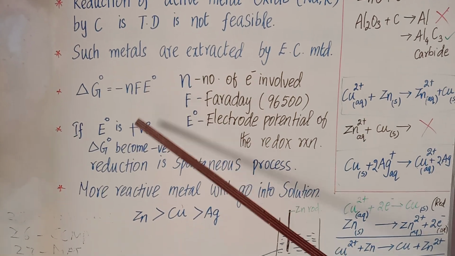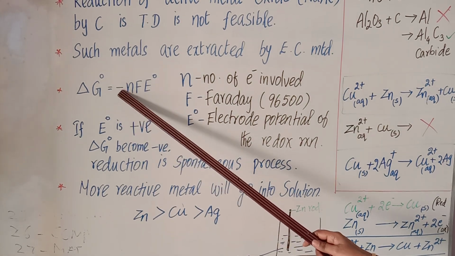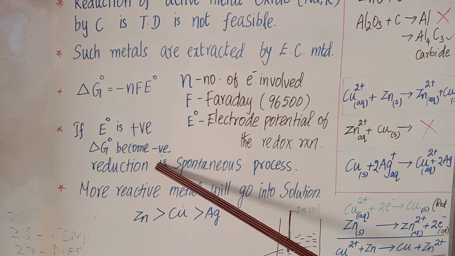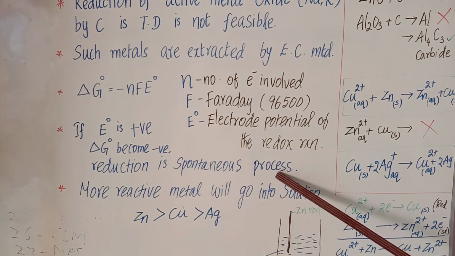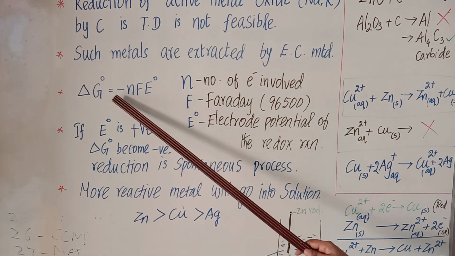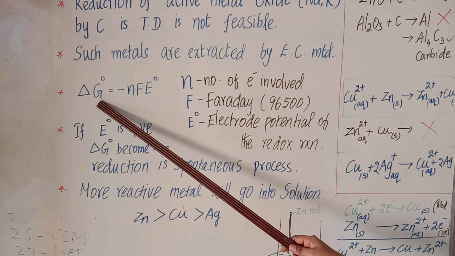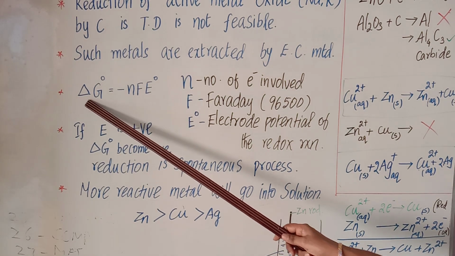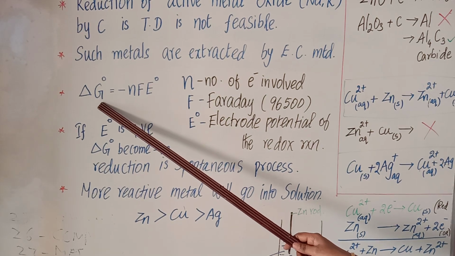If E naught is positive, delta G becomes negative, so the reduction is a spontaneous reaction. Suppose E naught is negative, then this negative and this negative become positive, so delta G naught becomes positive. If delta G naught is positive, that is a non-spontaneous process.